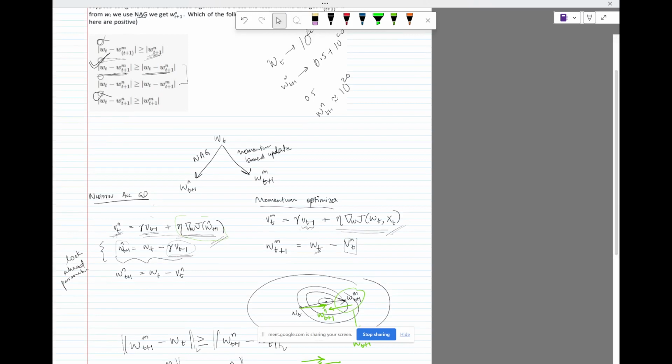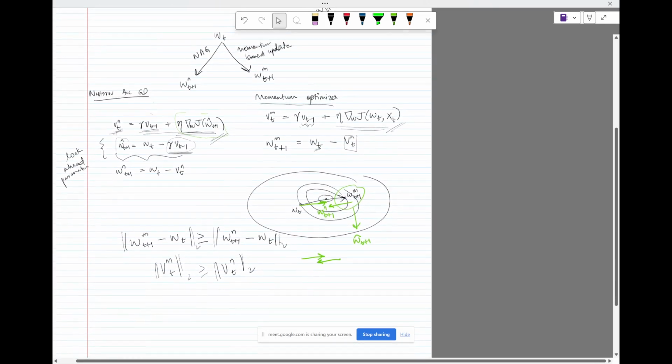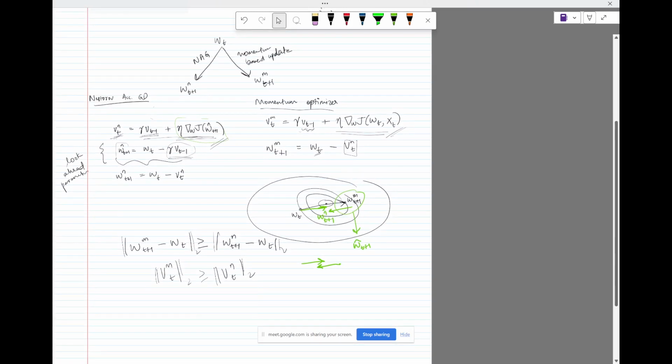Because you had overshot, in the next step the look ahead parameter computes the look ahead gradient, which will sort of prevent you from overstepping too much. And because of that, the weight update for the Nesterov gradient will be smaller compared to the momentum based update. Okay.